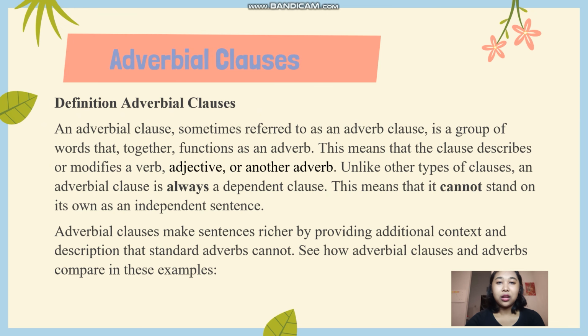Adverbial clause. An adverbial clause is a group of words that together function as an adverb. This means that the clause describes or modifies a verb, adjective, or another adverb.